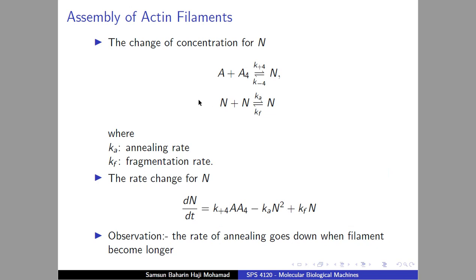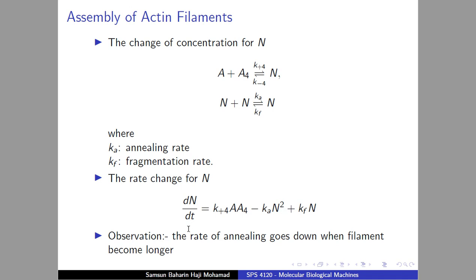So the change in concentration: when it associates and dissociates, there will be a change in concentration for each element. Ka is the annealing rate, Kf is the fragmentation rate. Looking at this, the rate of change dn/dt equals Ka A4 minus Kn squared plus Kf n.